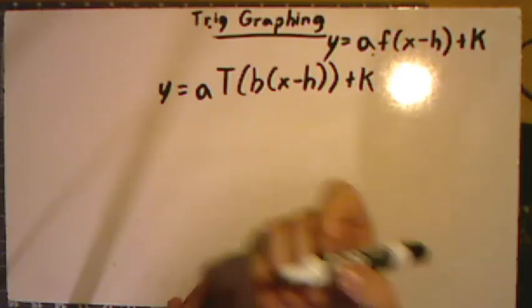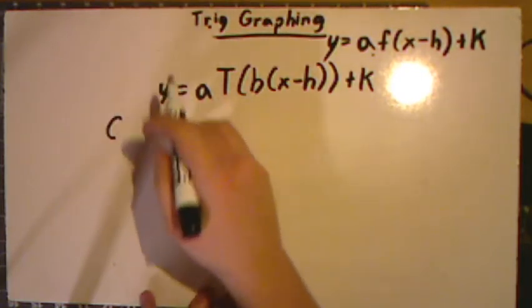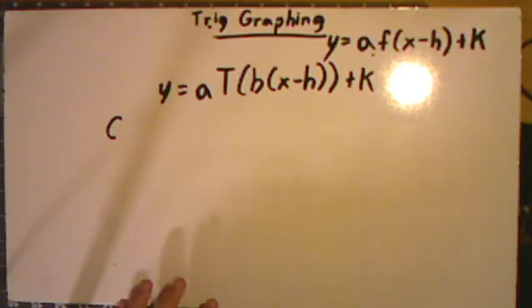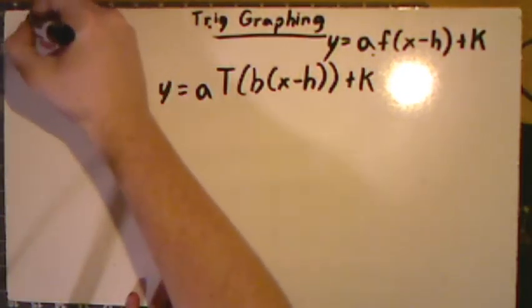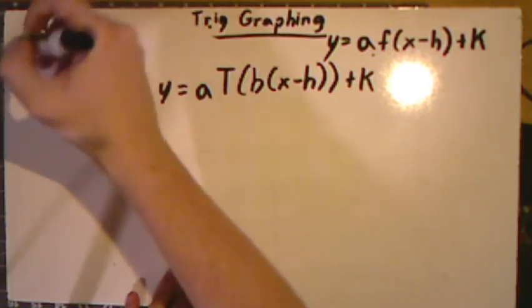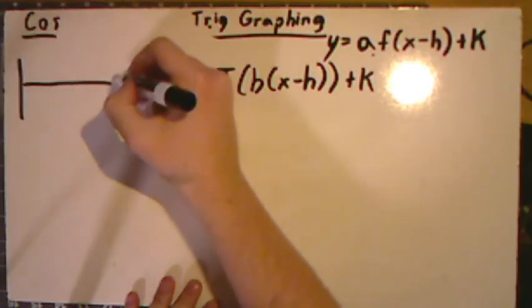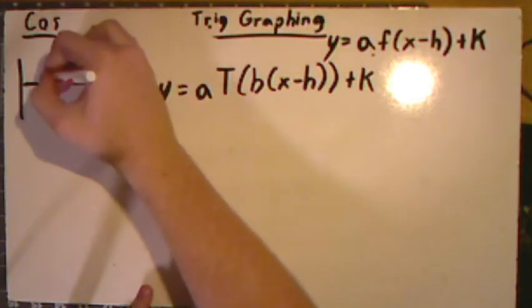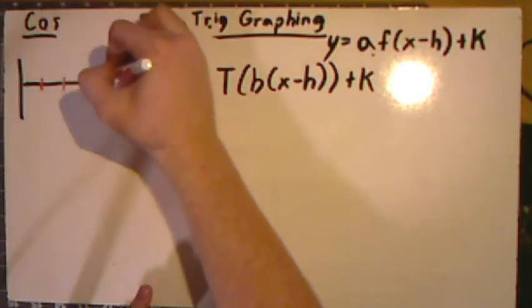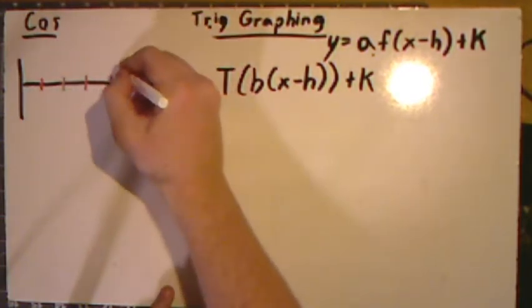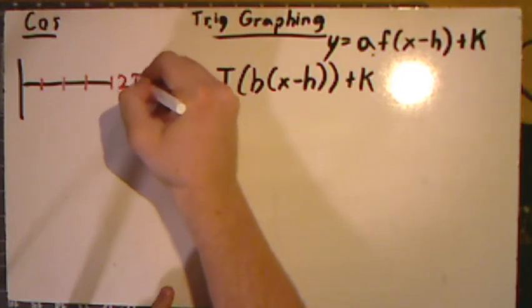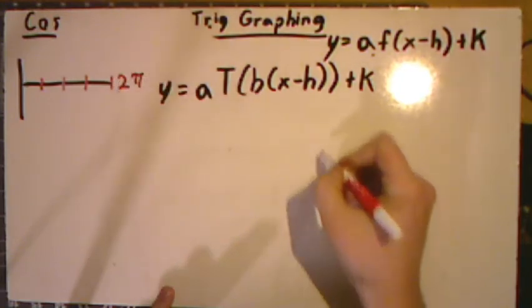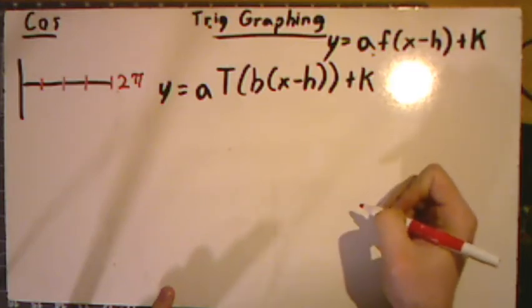So again, I mentioned we were going to be working with cosine, so up in the left hand corner I'm going to set up a bit of a reference. This one's going to be somewhat crude, but for the most part this is going to work as a reference. So we've got our 4 marks where we have our n value of 2 pi, because we're just working around our entire circle one time.